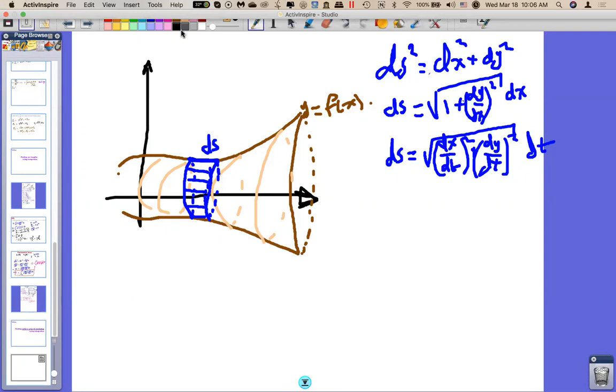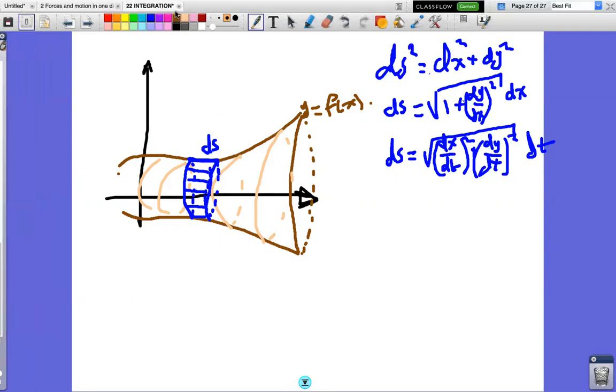Okay. We know that the radius of this circular portion will be y, your f of x at this point, right?